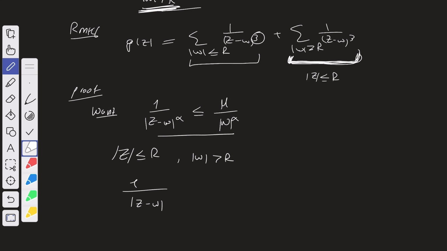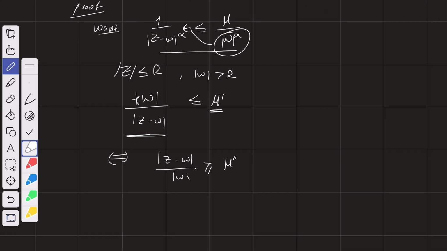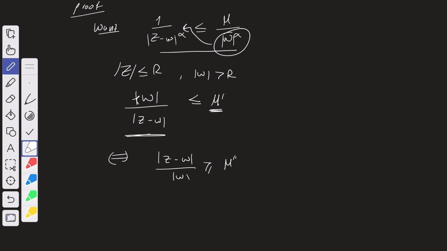So if we bring this here, the inequality that we're looking for is something like this thing is less than some constant, M prime. Now finding such a constant is equivalent to finding some constant where |z minus omega| over |omega| is bigger than or equal to some M double prime. So it's enough to find some constant M double prime where this inequality is true. To find that constant is an easy thing.